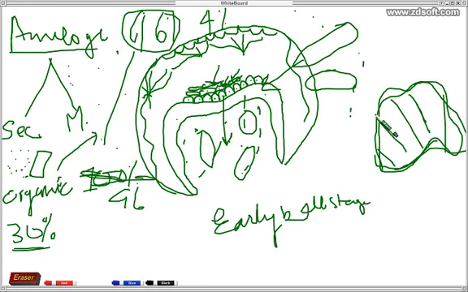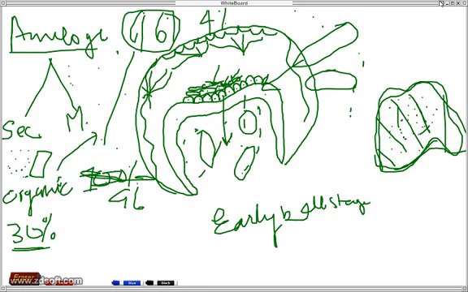And maturation is just increasing the height, length, and width of the enamel rods, whatever has been laid in this layer. So this was about amelogenesis in short.